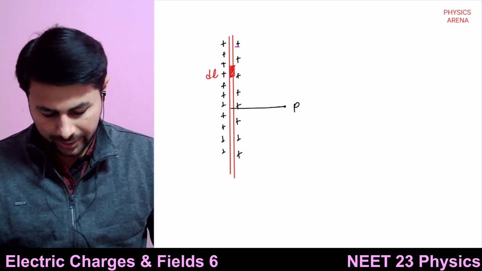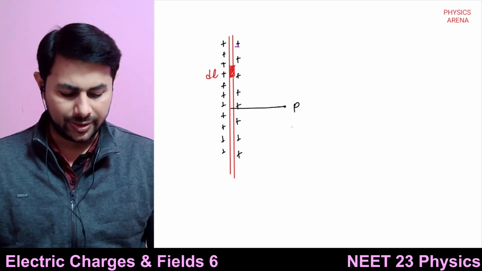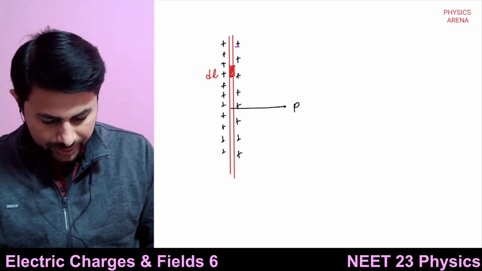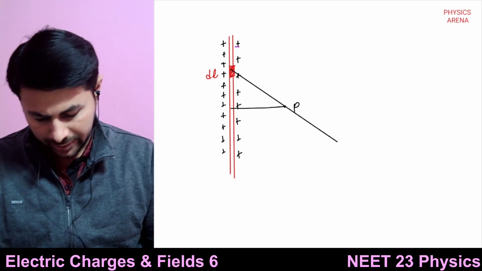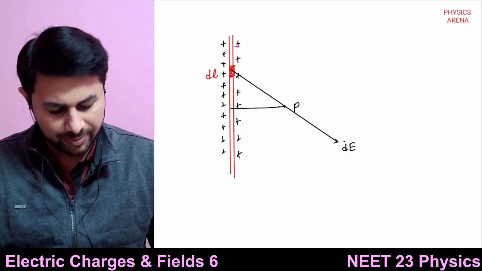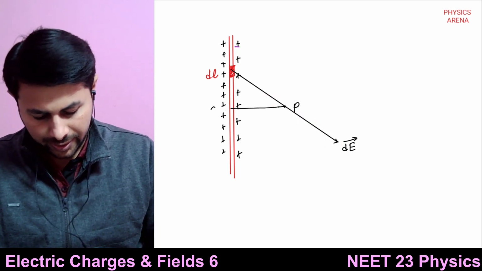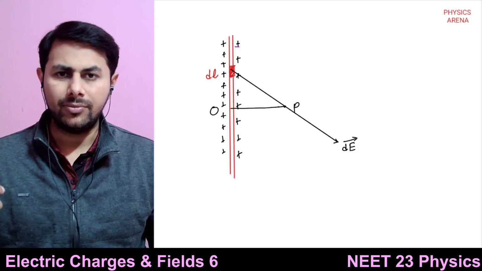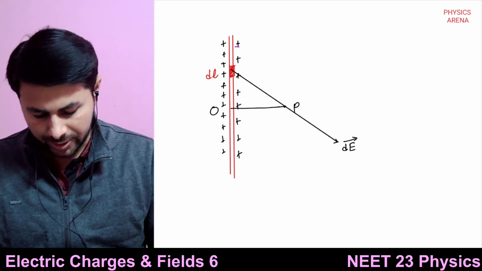This charge dq produces its electric field at point P, and that electric field is suppose dE bar, directed like this. This is the perpendicular distance of point P from the wire, suppose small r.